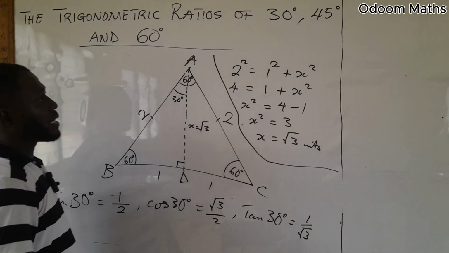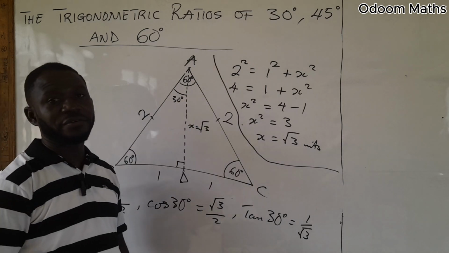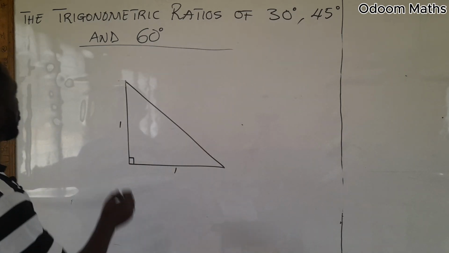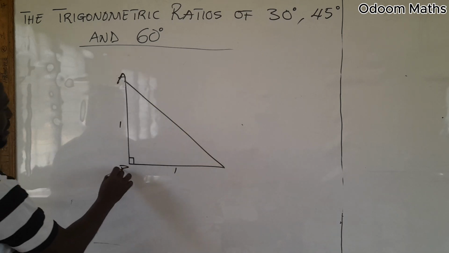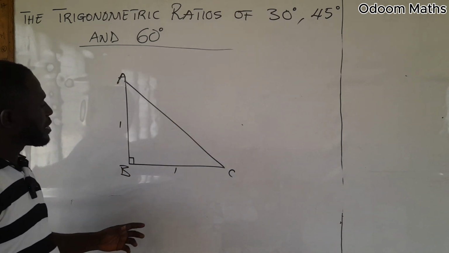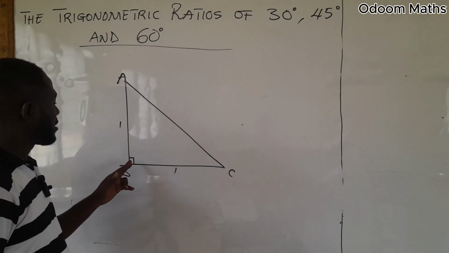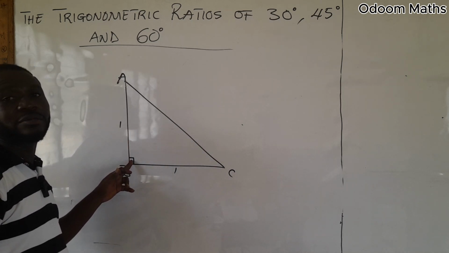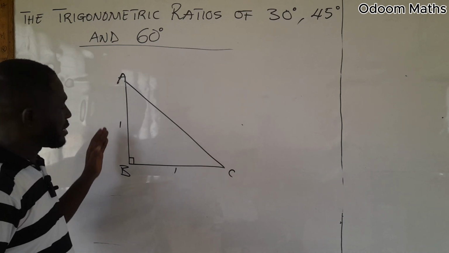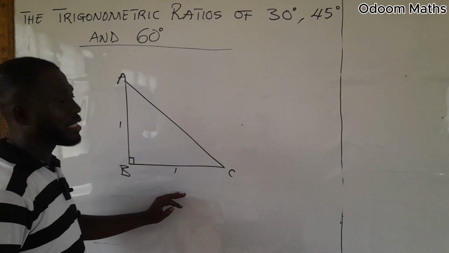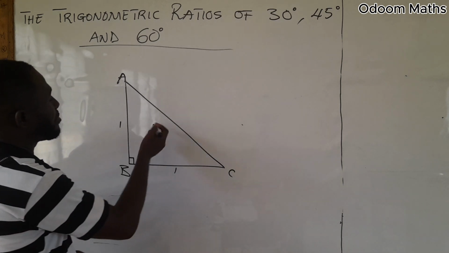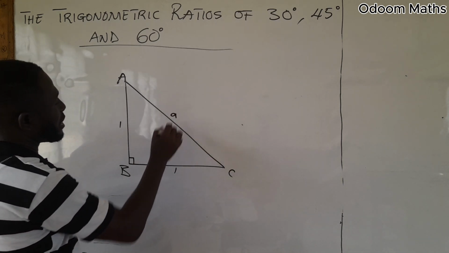Now let's look at the 45 degrees. Let's consider this right angle triangle on the board. Let me call the vertices A, B, and C. The right angle symbol is here, and this side AB measures 1 unit. BC also measures 1 unit. Now let's look for this side. We can go by the Pythagoras theorem. Let me call this side a.